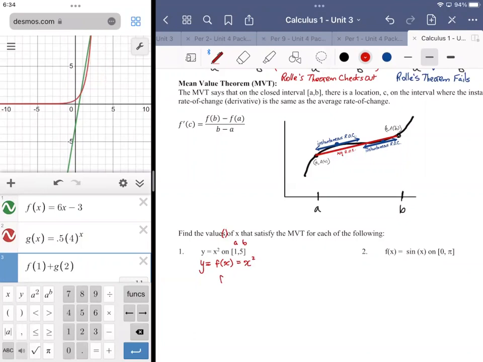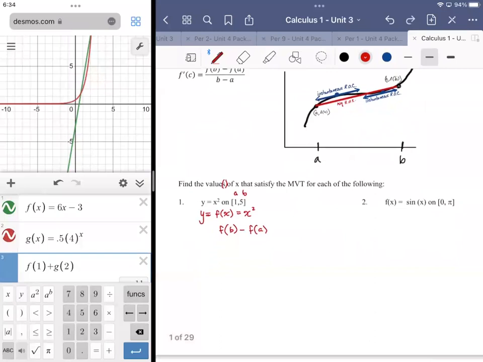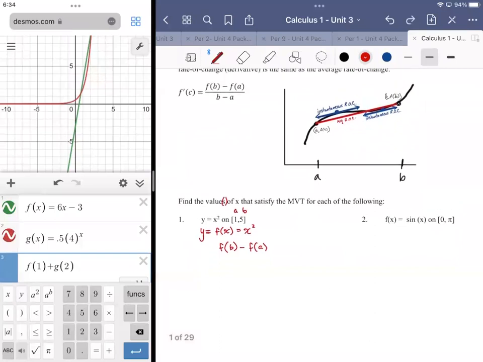So f of b minus f of a over b minus a. So f of 5 minus f of 1 over 5 minus 1.